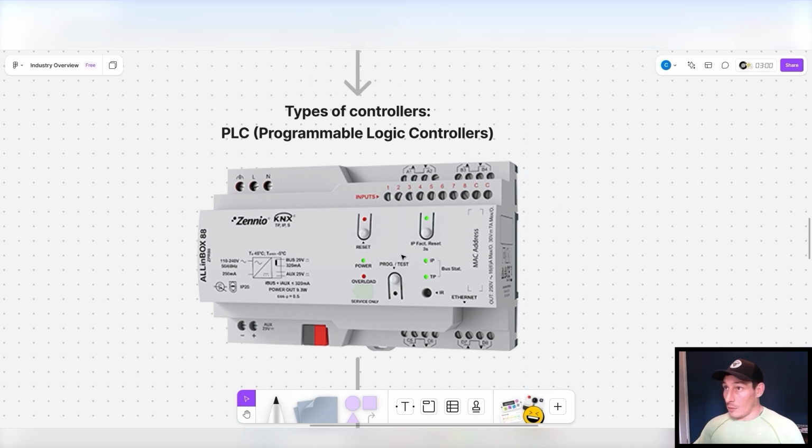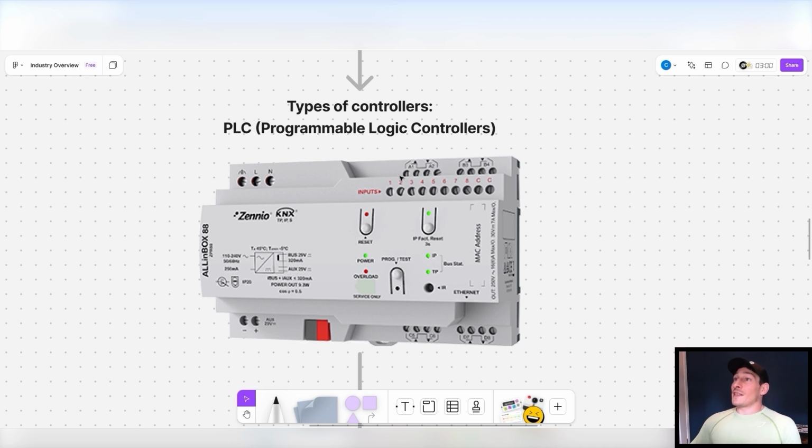Great brand, Zenio. I use them a lot for my BMS systems, and you can also use them for any type of building control, whether it's homes, commercial, even industrial building control. As you can see, pretty standard stuff. Inputs, outputs, PLC. You program things, you monitor things, and then things happen on the output side.